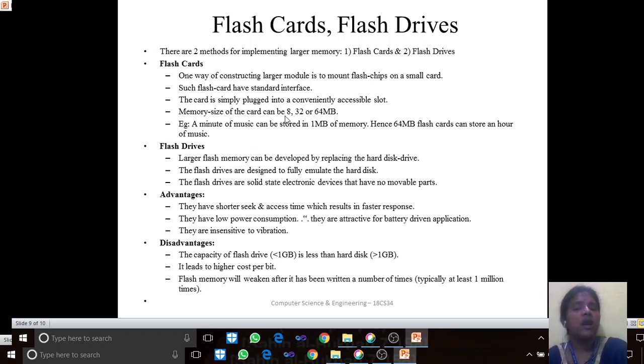Memory size of the card can be 8, 32 or 64 megabytes. A minute of music can be stored in 1 MB of memory. Hence, 64 MB flash cards can store an hour.